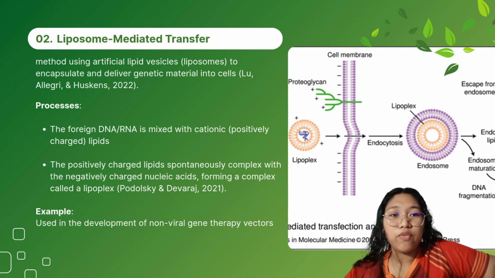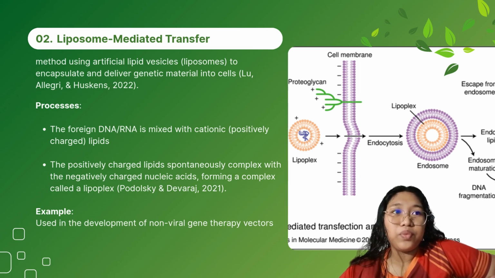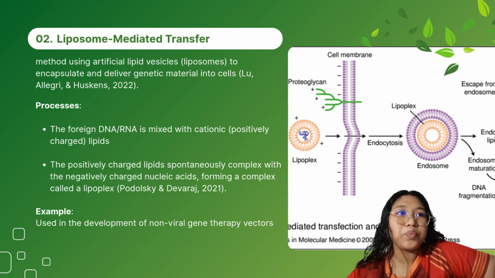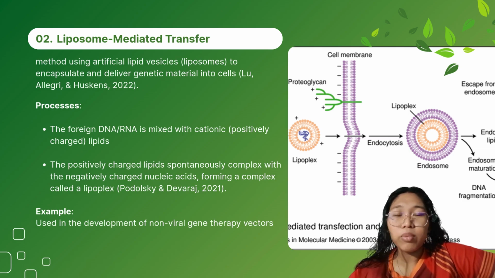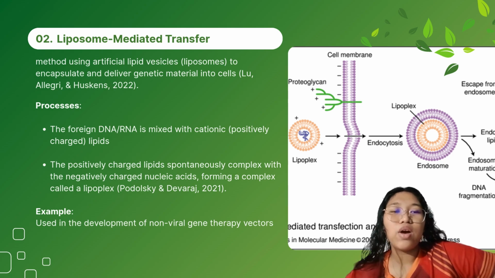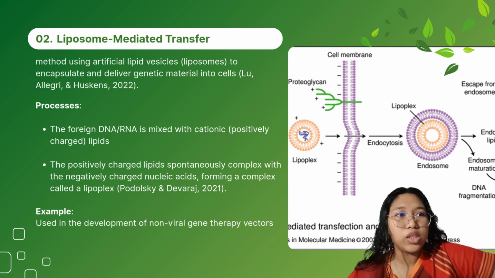So this lipoplex then fuses with the cell's negatively charged plasma membrane, releasing the genetic material into the cell's cytoplasm. Now, an example of that is it is used in development of non-viral gene therapy vectors and commonly used for in vitro or in culture transfection of difficult to transfect eukaryotic cells.